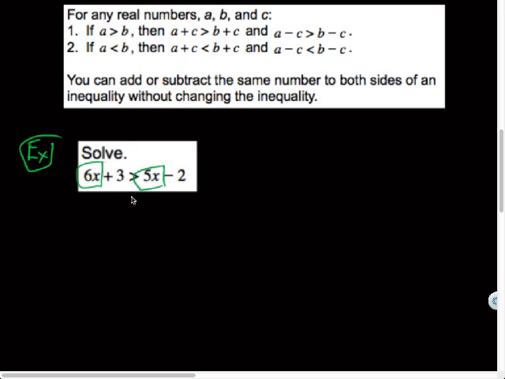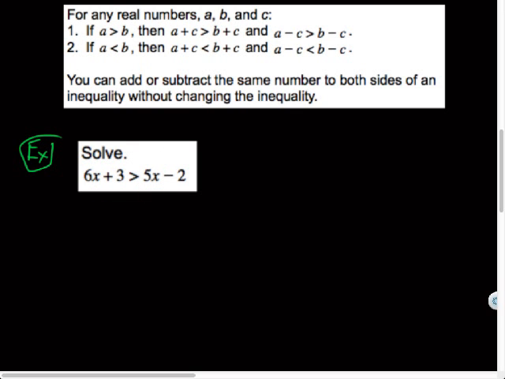I actually don't care about the non-x parts. I just want to move them away from wherever the x's are. So once I decide what side to move the x's to, then I'll just move everything else away from it. That's the first thing I have to decide: where am I moving the x's.